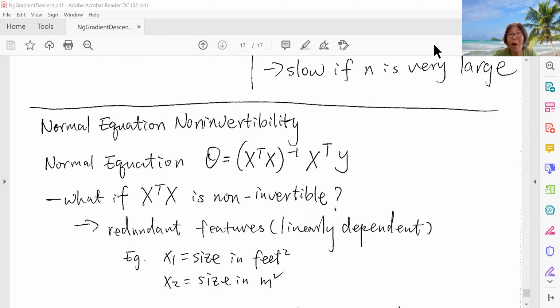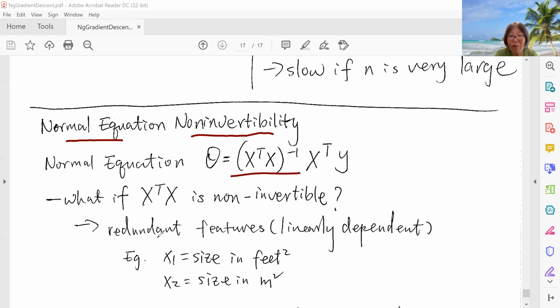There is also another scenario with the analytical approach, the normal equation: the matrix may not be invertible. If it's not invertible, then there is no solution. Will that be possible to happen?